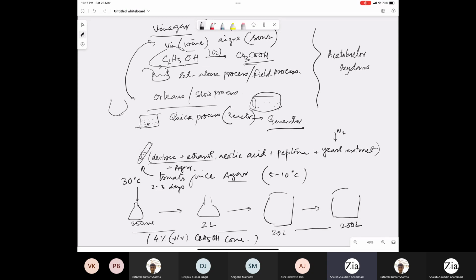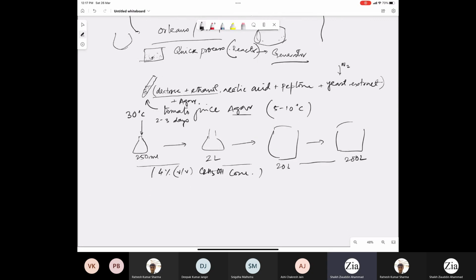So for any such reactor, they always try to maintain at least as minimum as 0.2% volume by volume alcohol. Otherwise, the bacteria responsible for production of acetic acid will die.